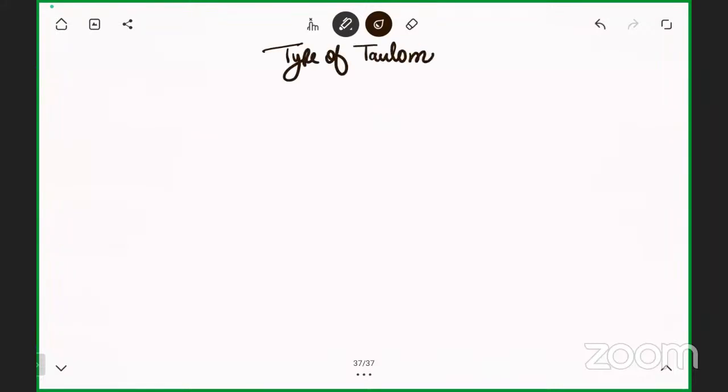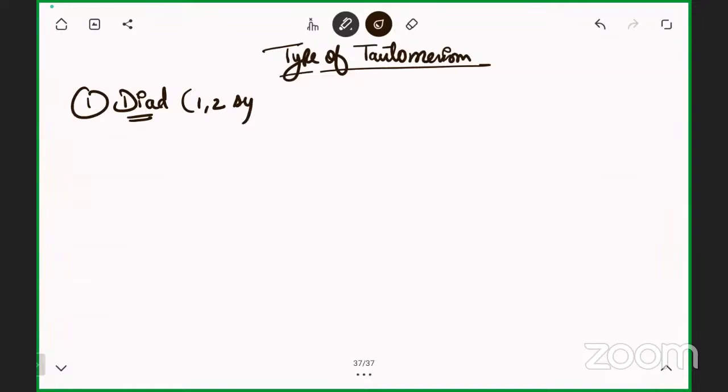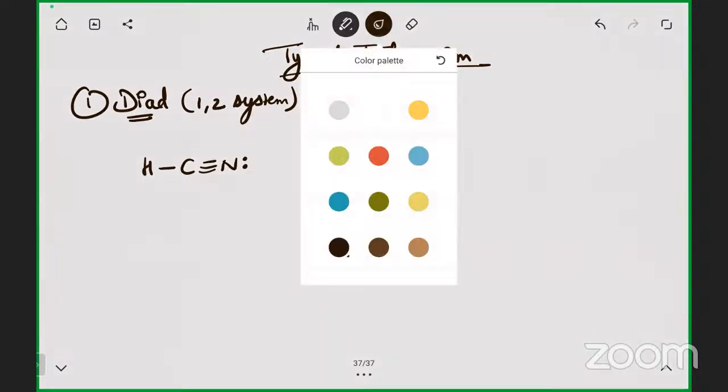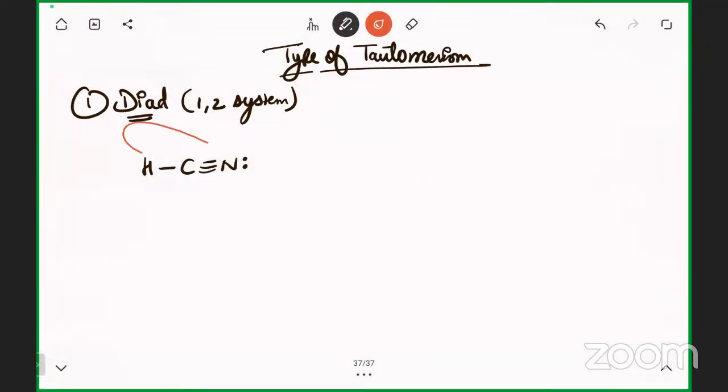Okay, let's move forward with the types of tautomerism. The first type I will discuss is diad. Diad means I'm talking about the 1-2 system. What is 1-2? I'll tell you. For example, I'm taking HC triple bond N. So this is a compound. Here the hydrogen will transfer from here to this particular nitrogen atom.